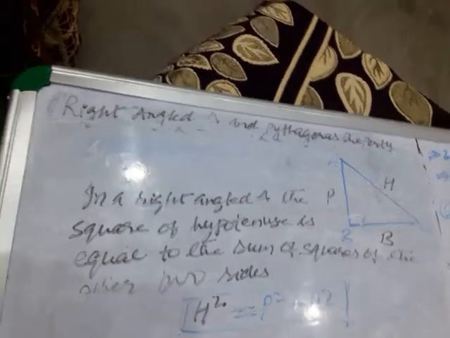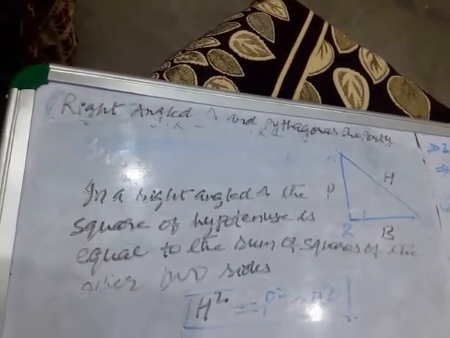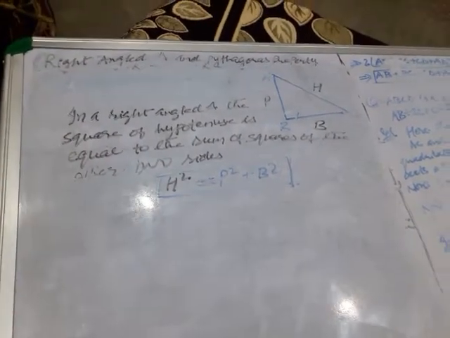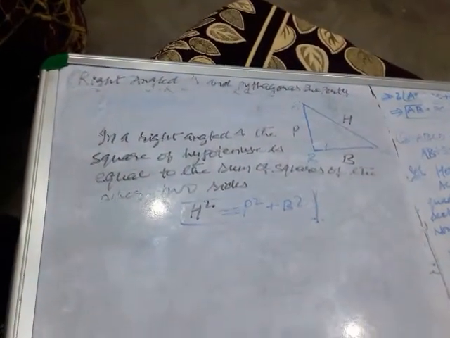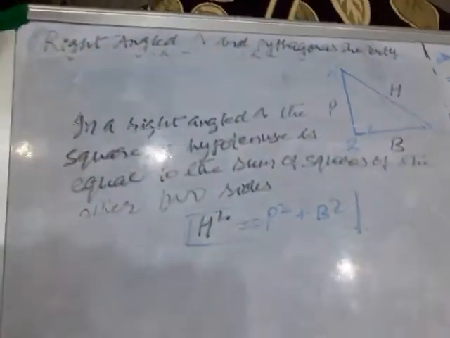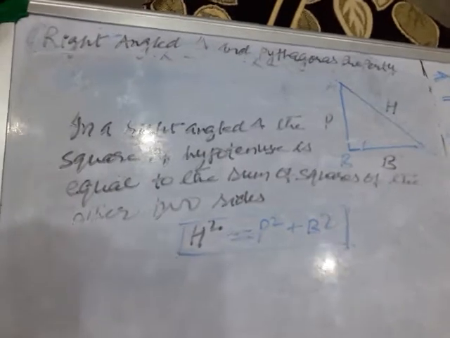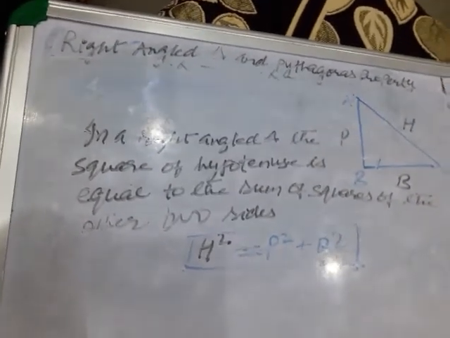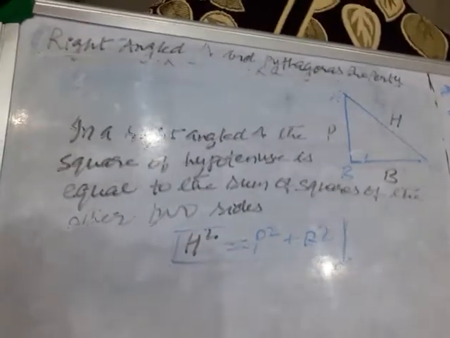This is known as Pythagoras property. Notice, children, Pythagoras property is found true only in right angled triangles. In all the triangles you cannot use it. Pythagoras property is applicable only for right angle triangles.